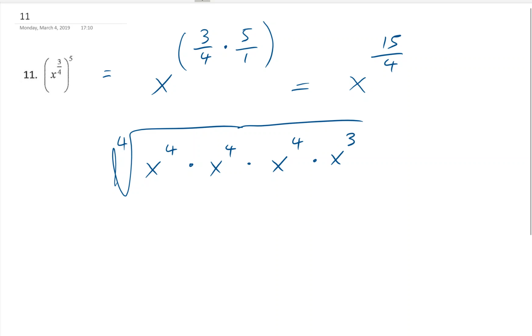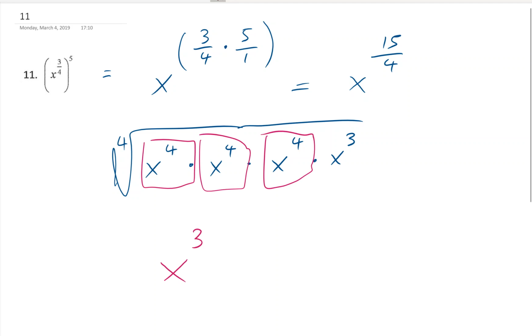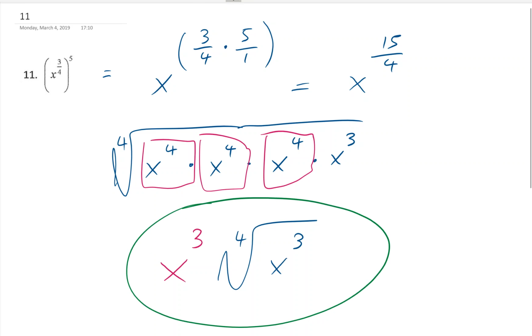So we have all of that. So that means we can take out 3 of these puppies. On the outside, we're going to have x cubed, but on the inside, we're still going to have the 4th root of x cubed. And that's going to be your answer there. Colors are optional.